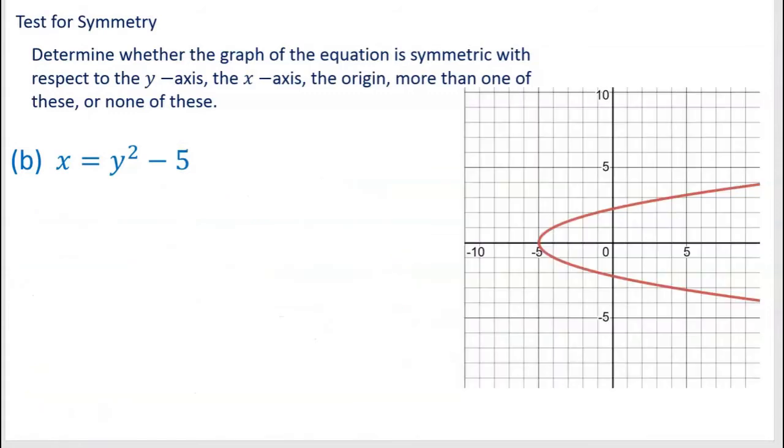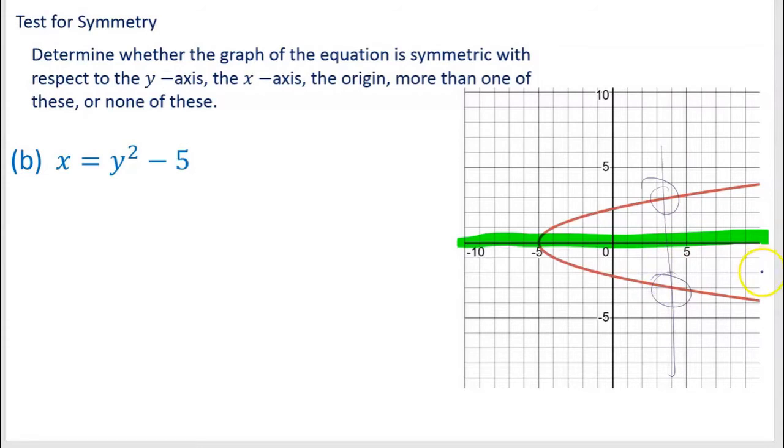Now, when you look at the graph, you will see this definitely has x-axis symmetry. I can draw a line right through the x-axis here, and you see it's a reflection on both sides. Now, if you think about it, this particular graph does not define a function. You remember why? Because it fails the vertical line test, right? If I draw a vertical line right here, it intersects the graph more than one time, so it's not a function.